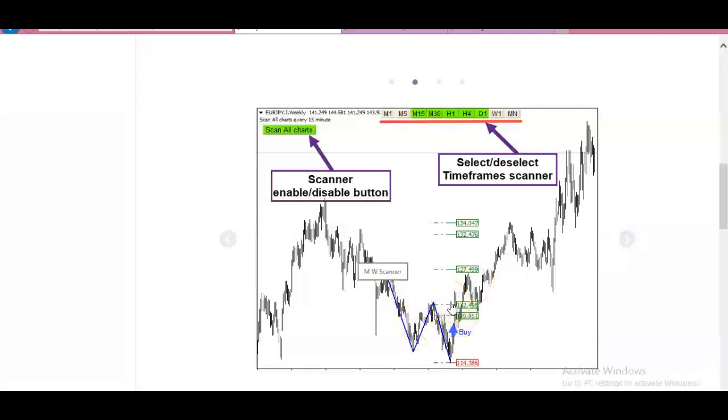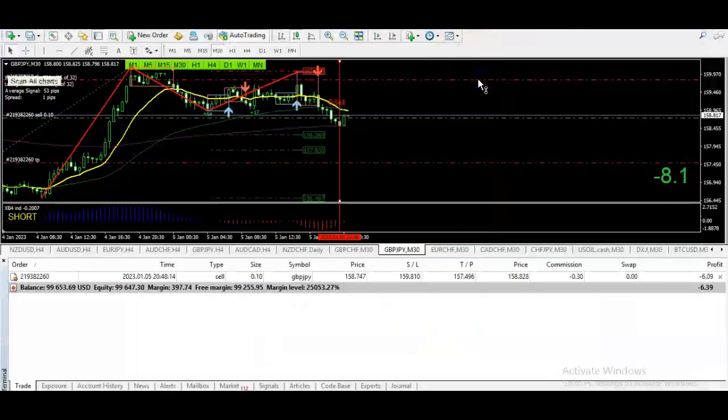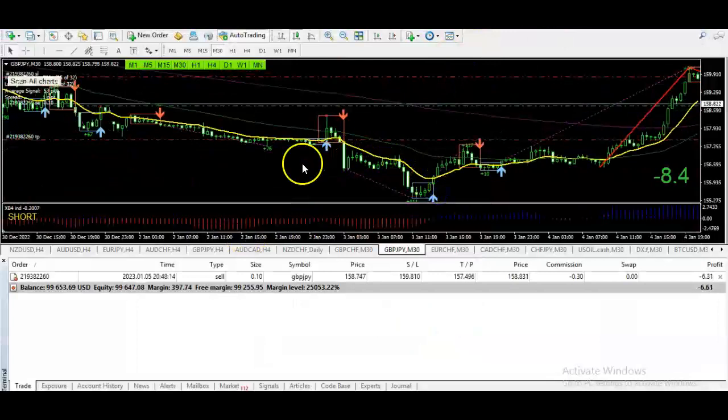It might be a little bit late sometimes, but with the second indicator I'm about to show you, it will show you how to get in a little bit earlier. Some of this is just extra, but the third indicators are the EMAs.